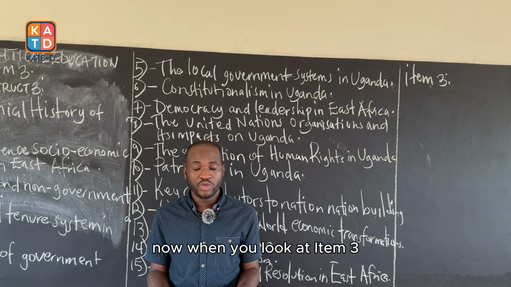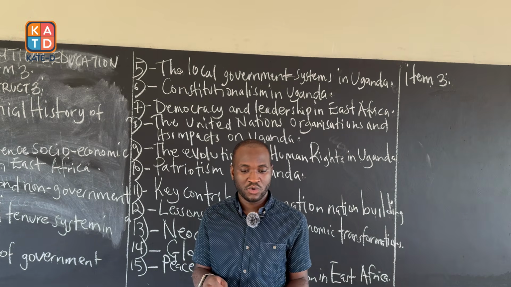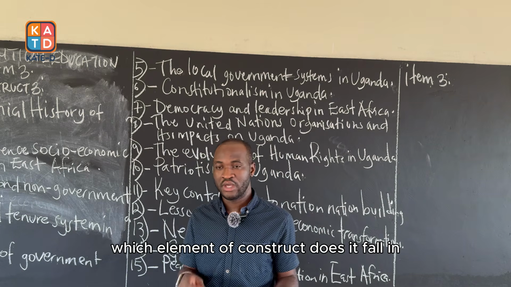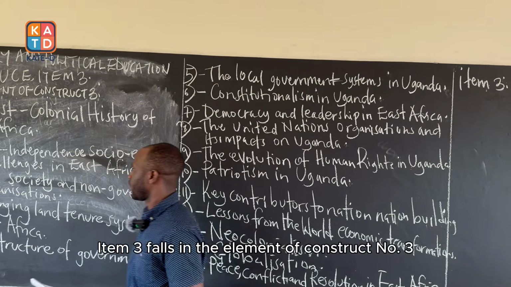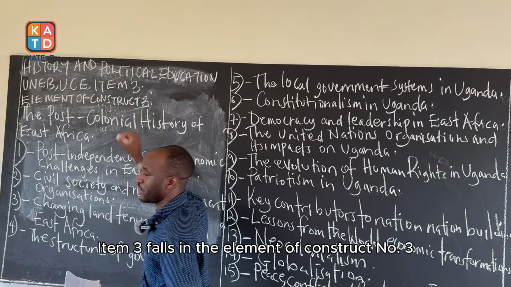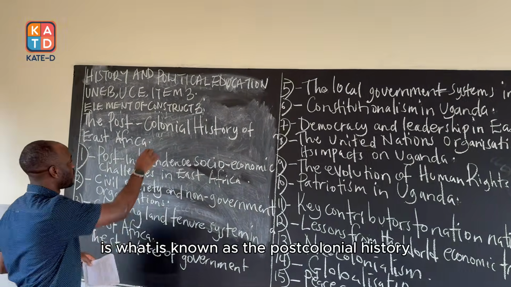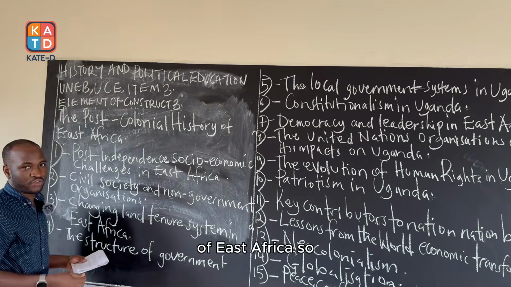Now, when you look at item 3, we first need to source out which element of construct it falls in. In this case, item 3 falls in element of construct number 3, which is what is known as the post-colonial history of East Africa.